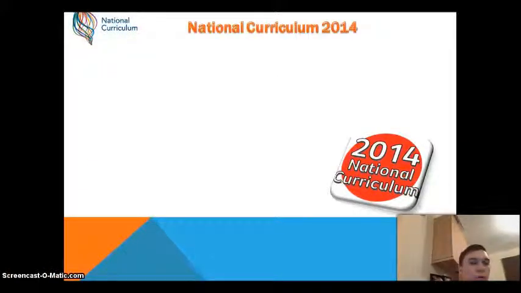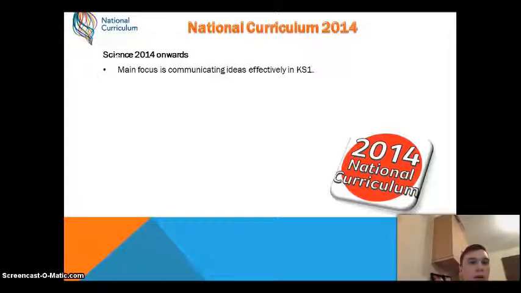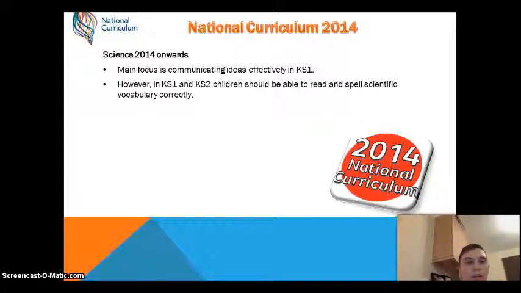In the National Curriculum 2014, if we look at science, from 2014 onwards the main focus in Key Stage 1 will be to communicate ideas effectively. However, in Key Stage 1 and 2, children should be able to read and spell scientific vocabulary correctly.